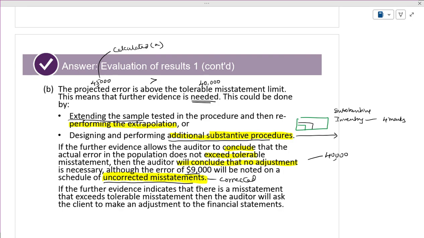If further evidence indicates a misstatement that exceeds tolerable misstatement, then the auditor will ask the client to make adjustments to the financial statements.